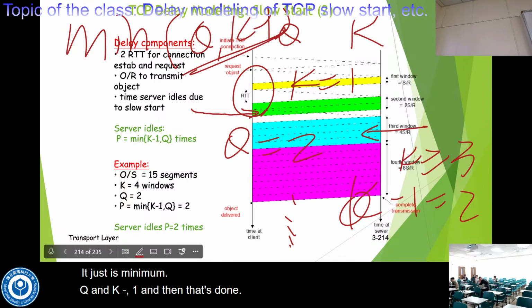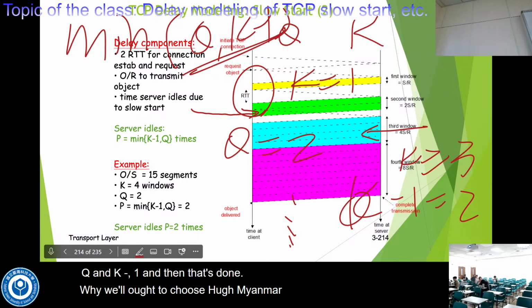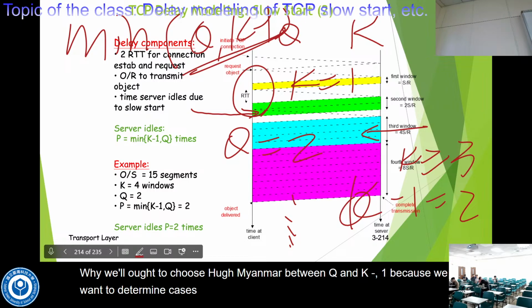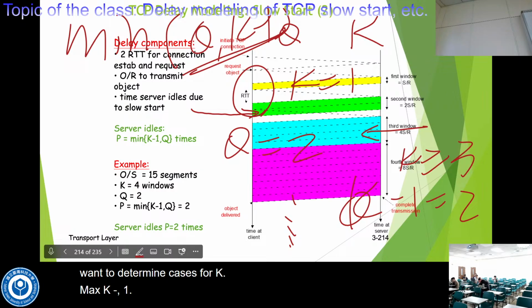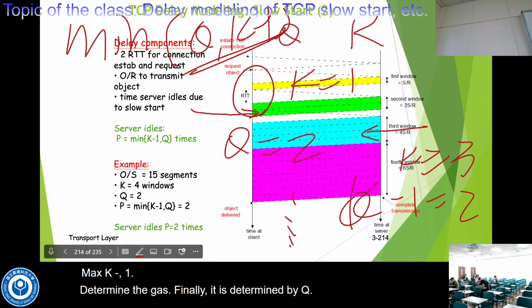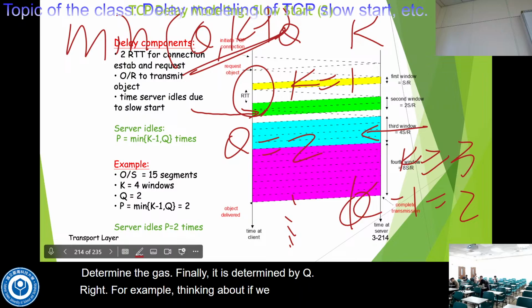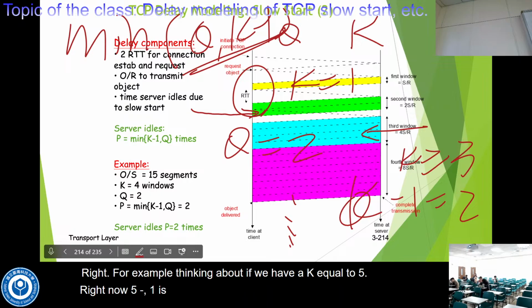Why do we choose the minimum between Q and K minus 1? Because we want to determine the cases where K minus 1 determines the gaps, or finally it is determined by Q. For example, think about K equal to 5. Right now, 5 minus 1 is 4. However, in the real situation, we just have at most idle times equal to Q.